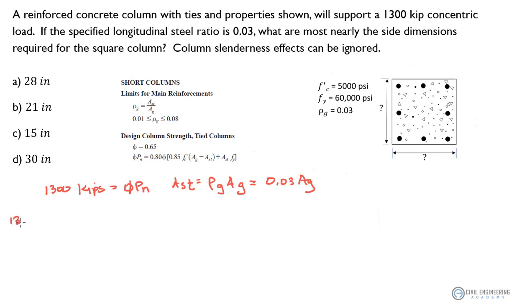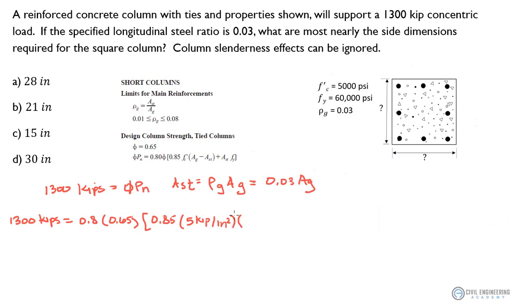So our allowable axial force, or 1,300 kips, is going to be equal to 0.8 times our phi factor, which we know from our FE reference manual is 0.65 for tied columns. And all of that is times 0.85 times our F prime sub C. Since we're working in kips, we want to keep our units consistent, so we're going to define the strength of the concrete in terms of kips per inch squared.